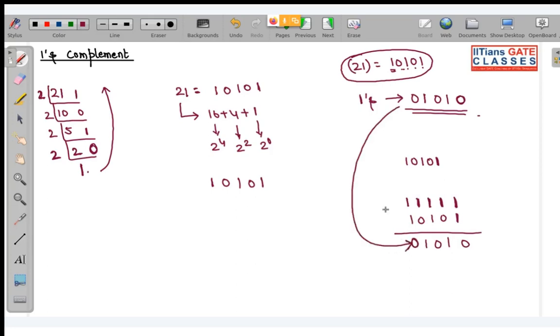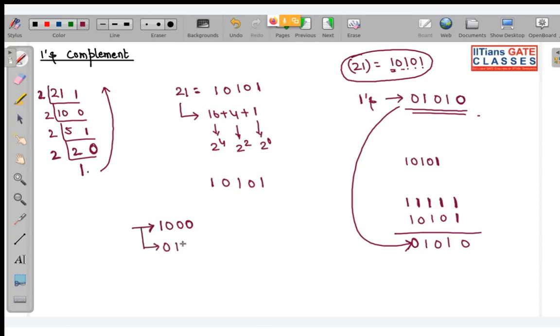So basically whatever number is given, we subtract it from the highest number possible with the given number of bits. If I want to write ones complement in a shortcut way, everyone knows that you complement bit by bit.